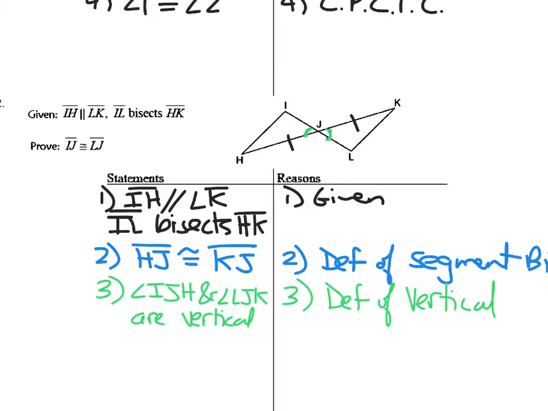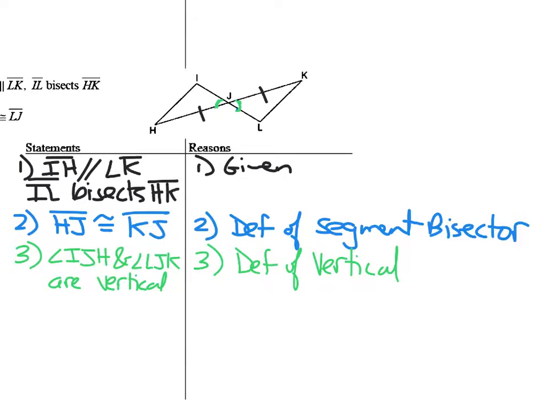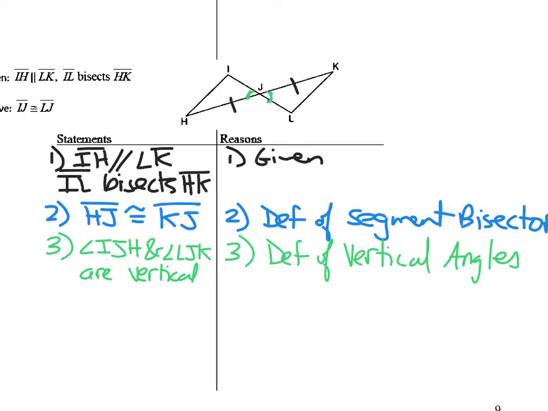A little schmutz there, I keep doing that. Then I could also state that those angles are congruent. Angle IJH congruent to angle LJK.